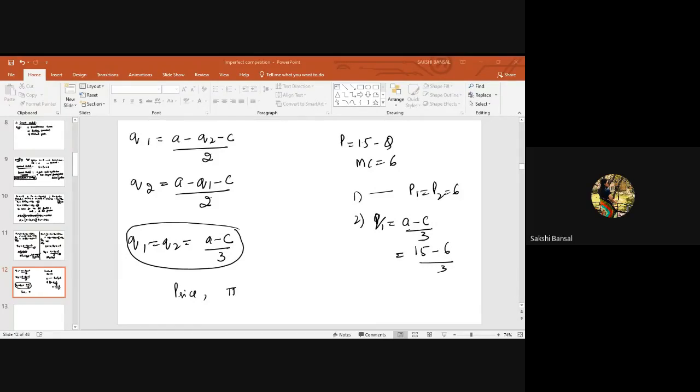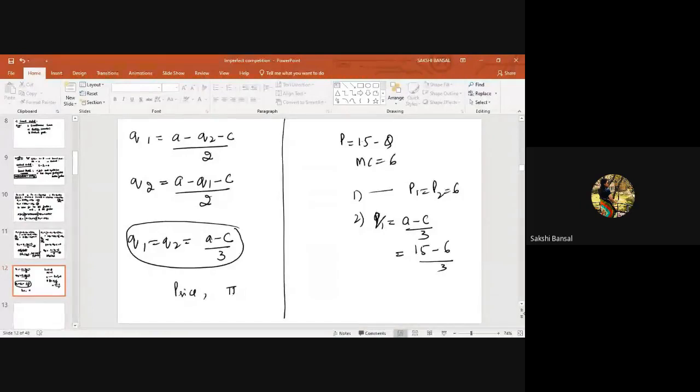I hope the values of Q1 and Q2 are getting solved. मैंने बोर्ड पे लिख दिया है.